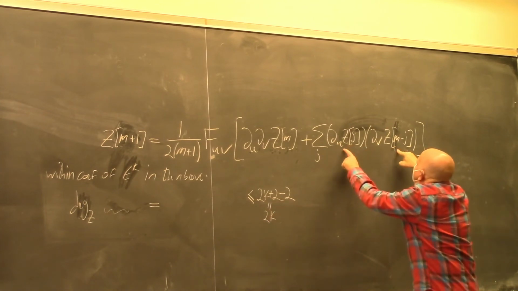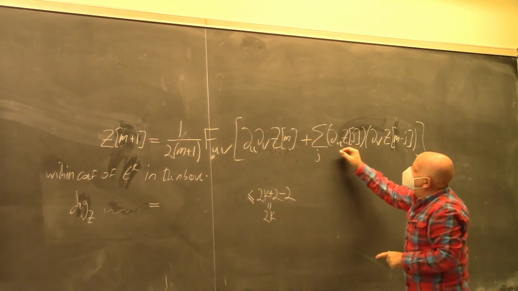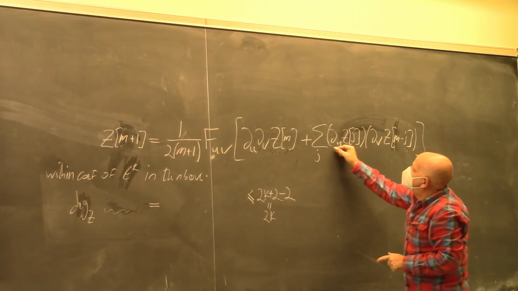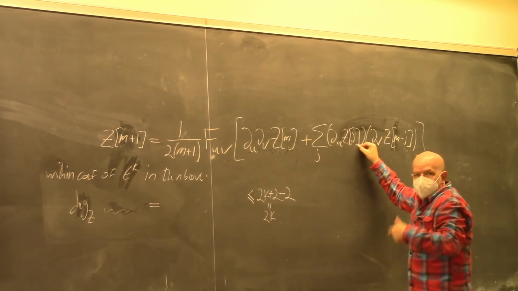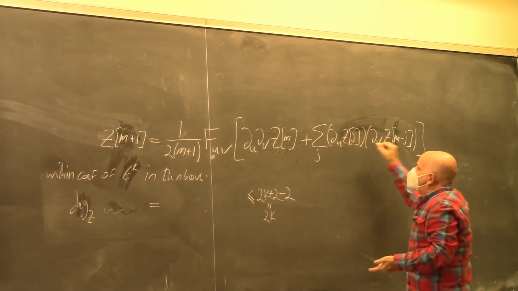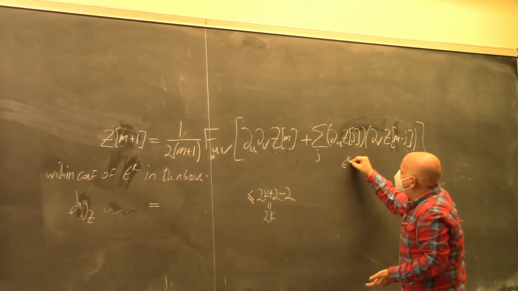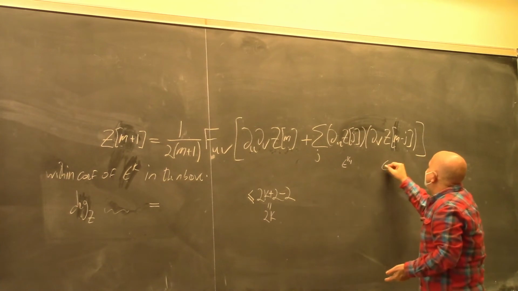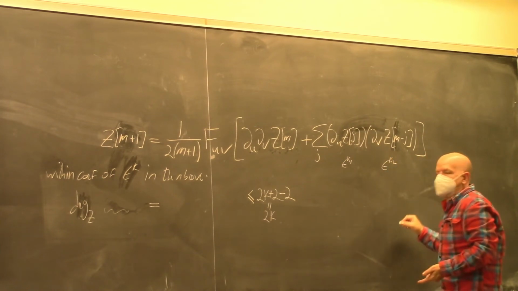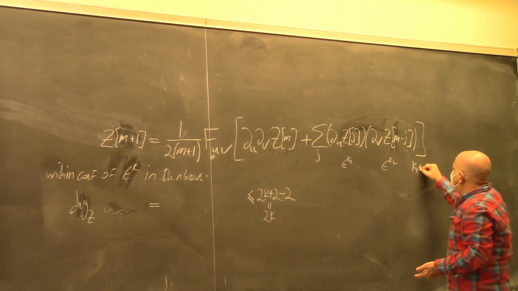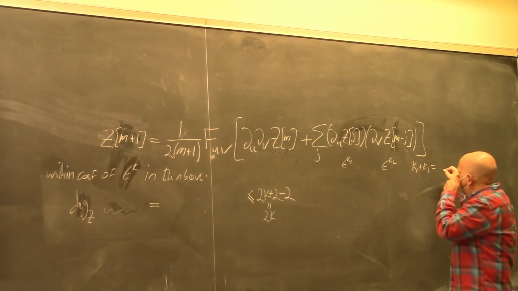And how can I get epsilon to the k from a product of two things? I could get epsilon to the k1 from here and epsilon to the k2 from here, provided that k1 plus k2 is equal to k.